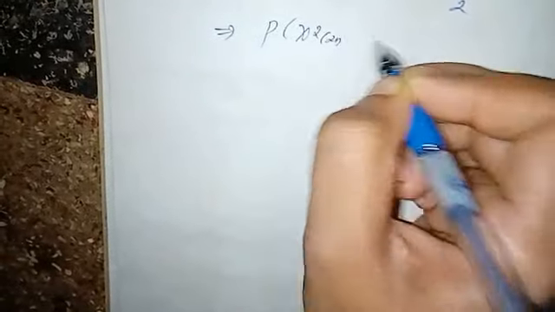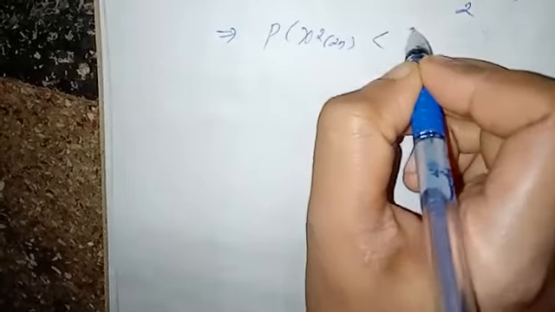What is the value of k then? It is k equal to chi-square 2n, 1 minus alpha divided by 2. Which implies the probability of chi-square 2n less than 2 chi-square 2n, 1 minus alpha.